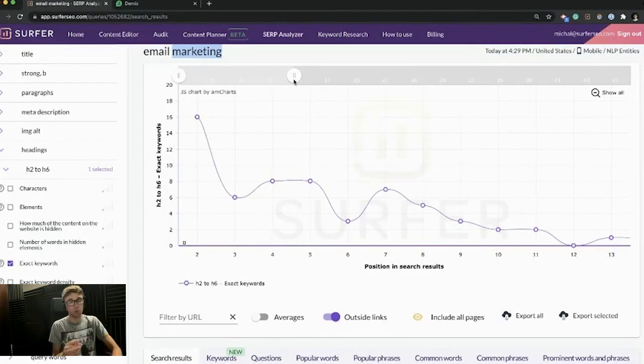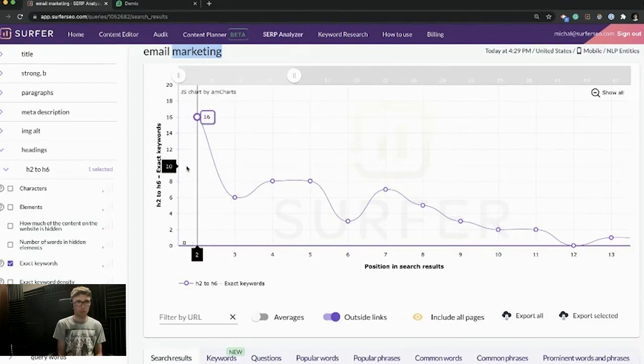There's a huge correlation between having the email marketing keyword frequently used somewhere in H2s, H3s, H4s, H5s and H6s and rankings. As you can see, pages at the very bottom of the top 10, like position 10, 11, 9, 8, have little: 2 times, 4 times, 3 times, 5 times, compared to page number 1, 16 times.